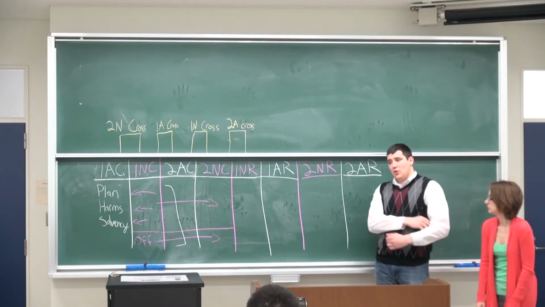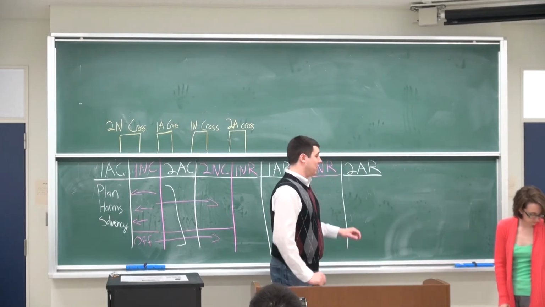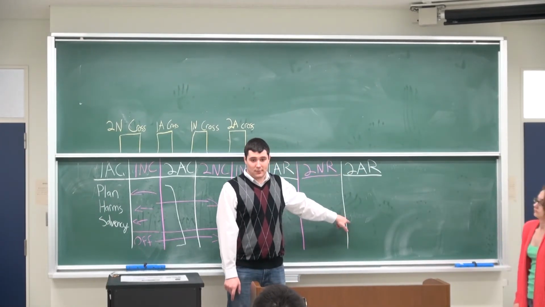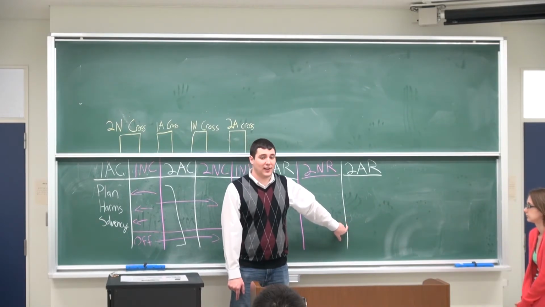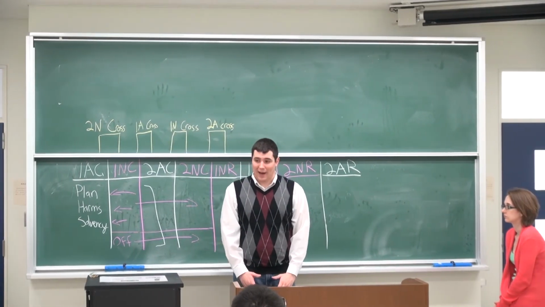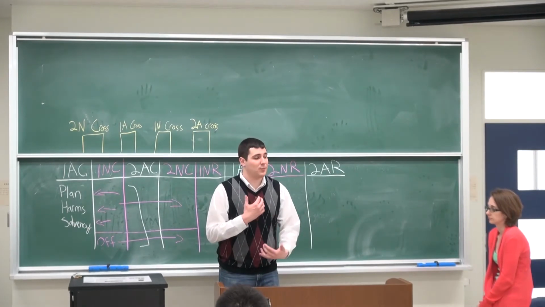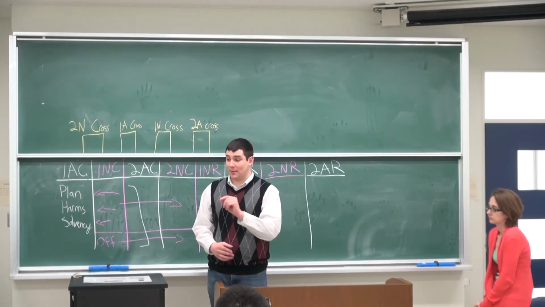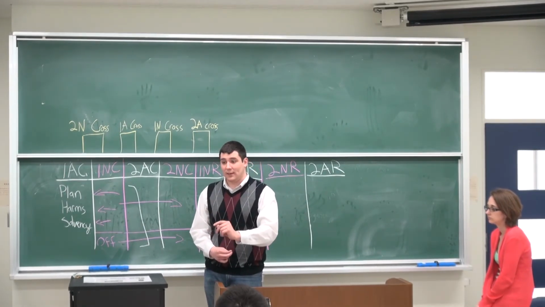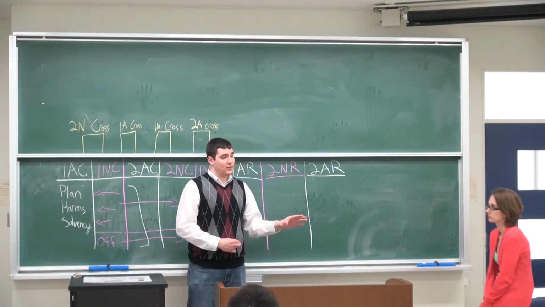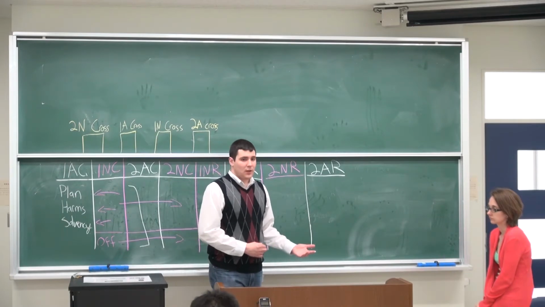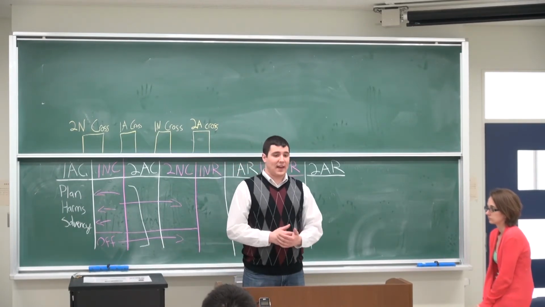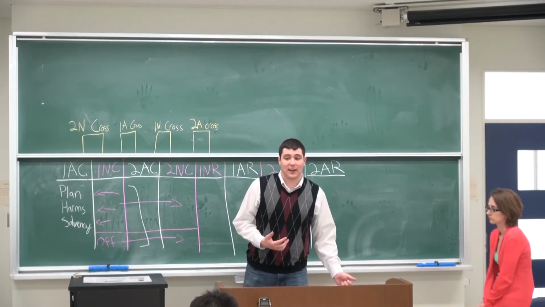Now, what is often missing, and this is something that goes for both of these speeches, okay? What is often missing is that people talk just about how awesome their position is, and they don't do that comparison between the other team's arguments, okay? So let's pretend that I'm affirmative and Shanna is negative.